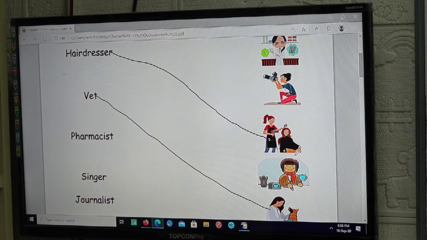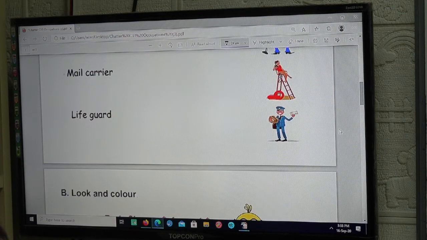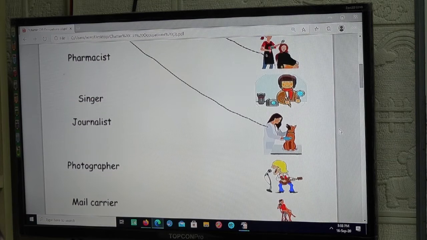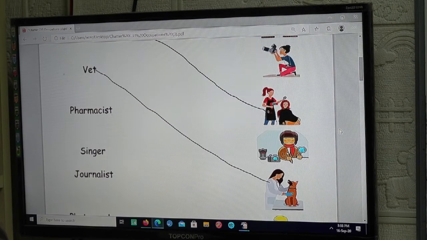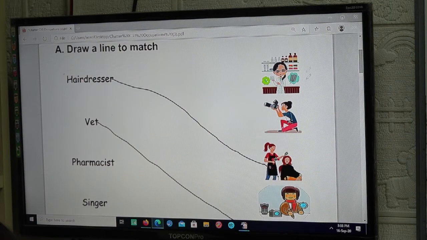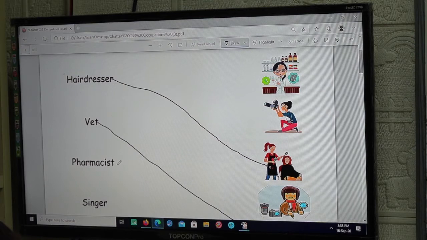The following one is the pharmacist. So who is a pharmacist? That works in a pharmacy, right? That gives you medicine. Which picture is the best to describe the pharmacist? Yes, here it is. This picture where we see medicines and a person that gives us medicines.